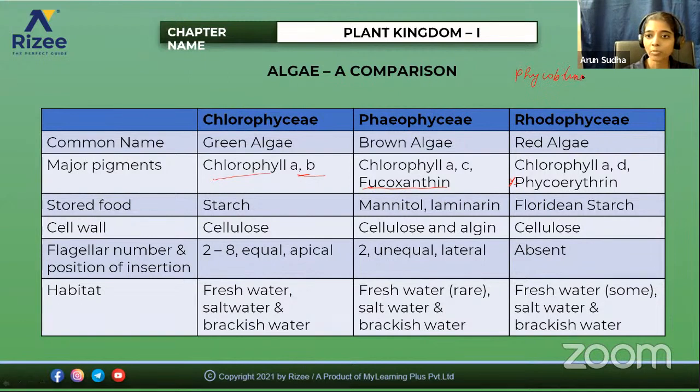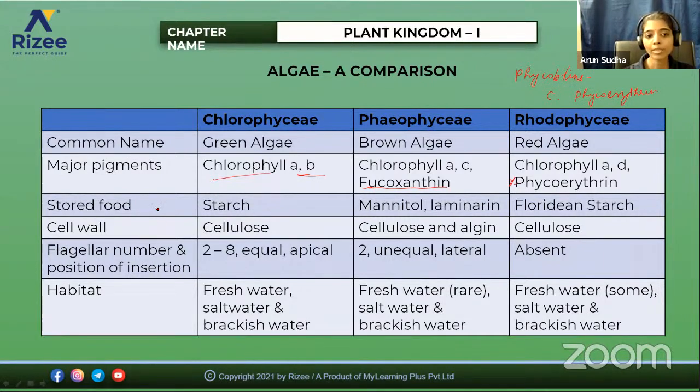The phycobilins may be either phycocyanin or phycoerythrin. Phycocyanin is mainly present in cyanobacteria or blue-green algae, and phycoerythrin is present in red algae, but some phycoerythrin may also be present in cyanobacteria. There it is called C-phycoerythrin.